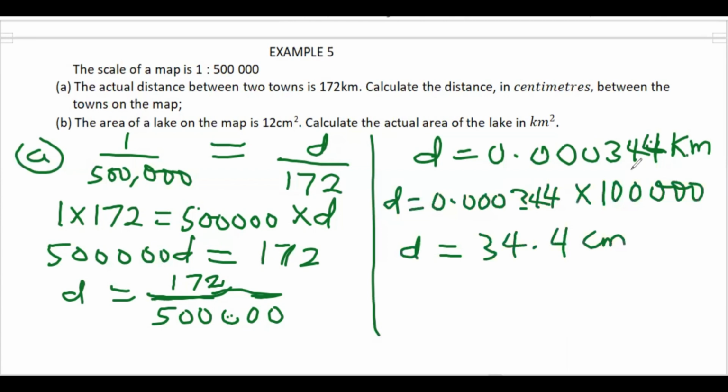That's the distance between the two towns. This distance represents 172 kilometers in reality; on paper, it will be 34.4 centimeters.